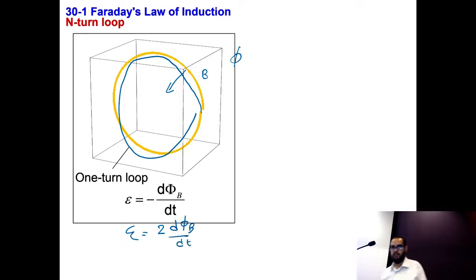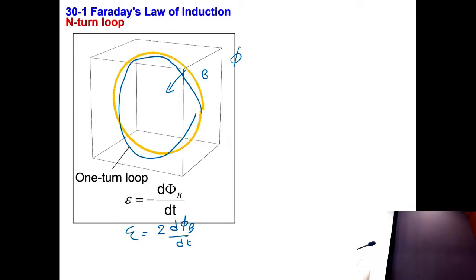As if every loop is generating an EMF, a battery. And these batteries are now connected in series, so the voltages are adding. So the induced EMF is the sum of the EMFs. You have one loop, which generates one EMF, one induced voltage and current. You have a second loop, that's a second EMF, a third loop, and so on.